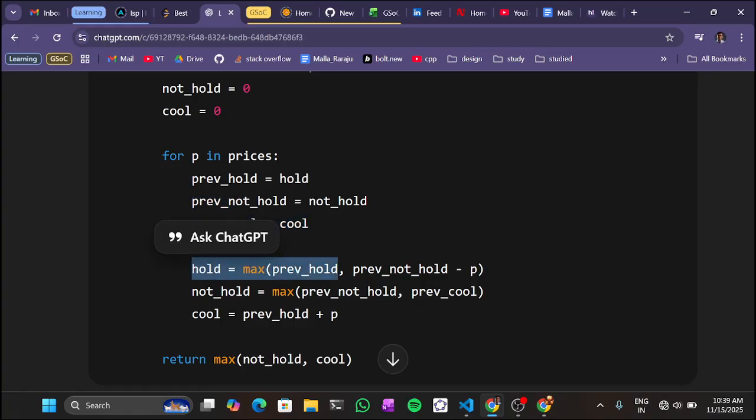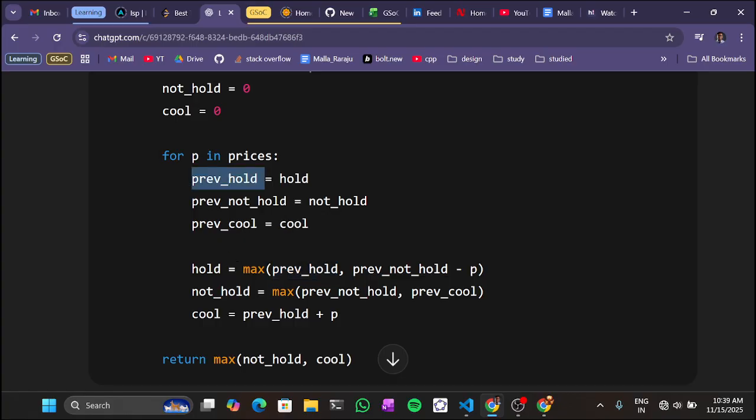Hold equals the maximum of previously holding or previously not holding minus P. So there are two choices to skip.